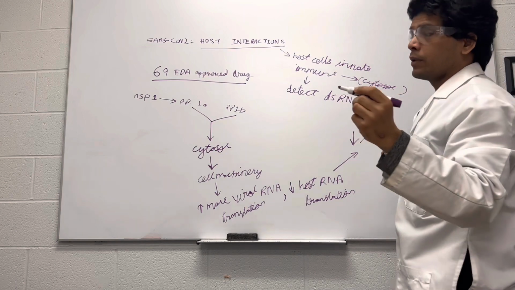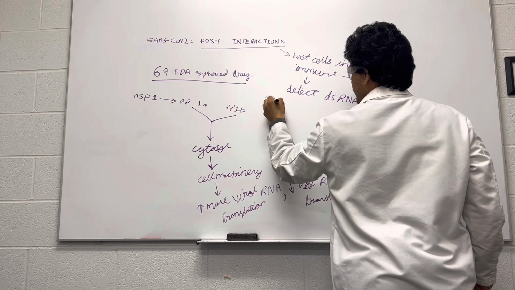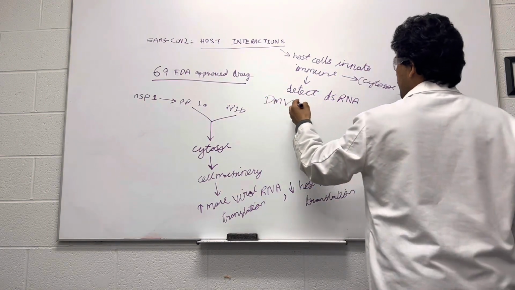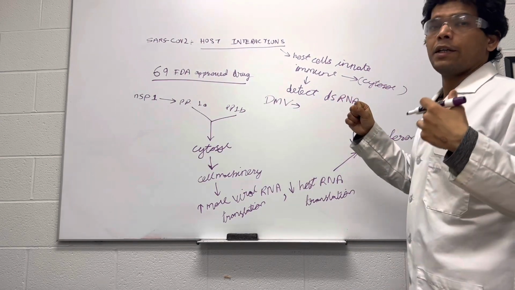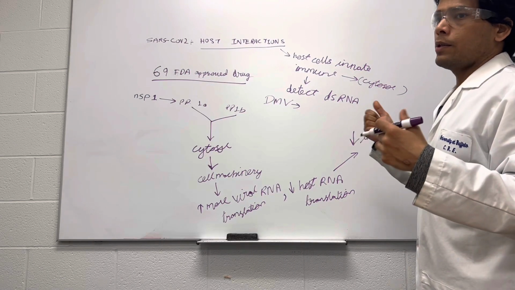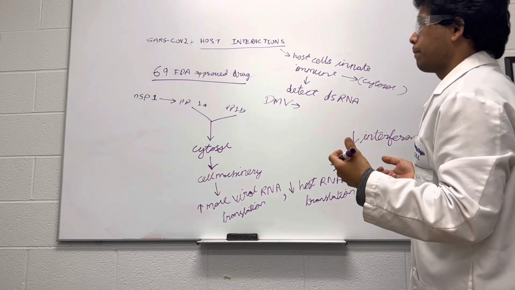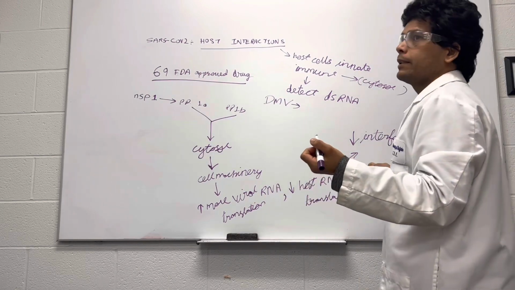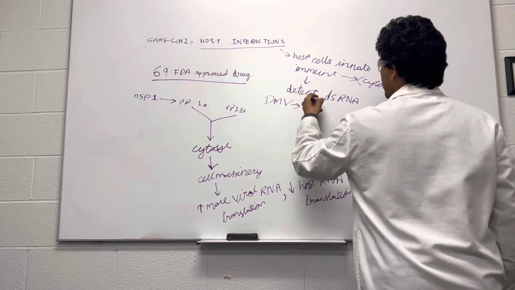However, in our previous video, we understood that the DMV, double membrane vesicles, plays a role where double-stranded RNA formation occurs, and there are also assumptions, not yet confirmed, that synthesis of viral RNA also occurs within the DMV.